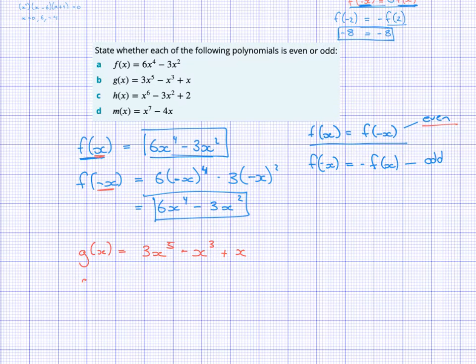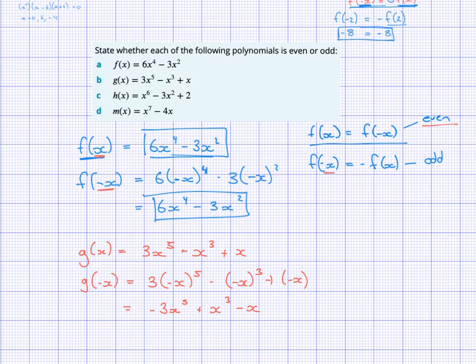All right, so let's try substituting in negative x, which equals 3 times negative x to the power of 5 minus negative x to the power of 3 plus negative x, which is going to equal minus 3x to the power of 5 plus x cubed minus x.